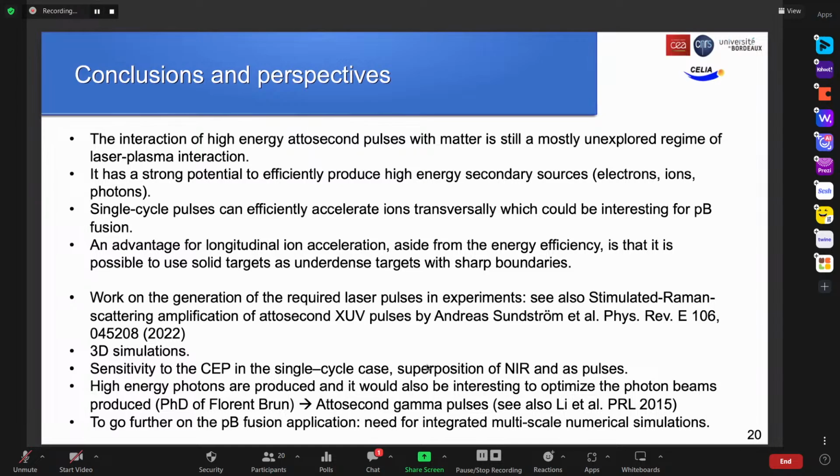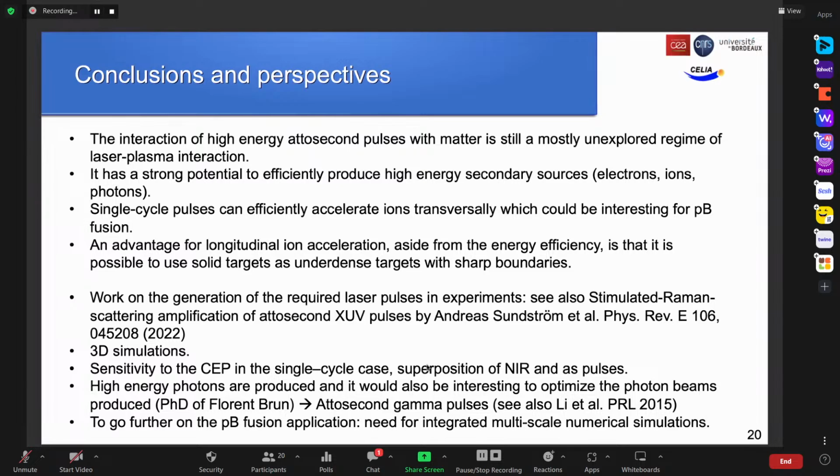There is still a lot of work to do. First, on the generation of the required laser pulse. We're working hard on the first part, to do thin film compression, and we hope with the NRS experiments to get to few cycle laser pulses, and to show the interest still in the near infrared for an acceleration experimentally.